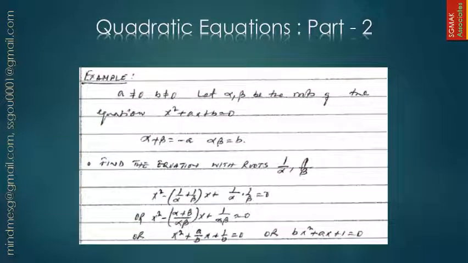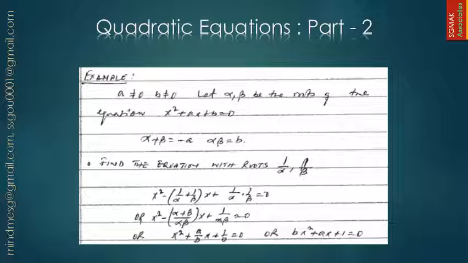If a is not equal to 0 and b not equal to 0, and alpha, beta are roots of the equation x squared plus ax plus b equals 0, then we know alpha plus beta is minus a and alpha times beta is b. So what will be the equation whose roots are 1 over alpha and 1 over beta?